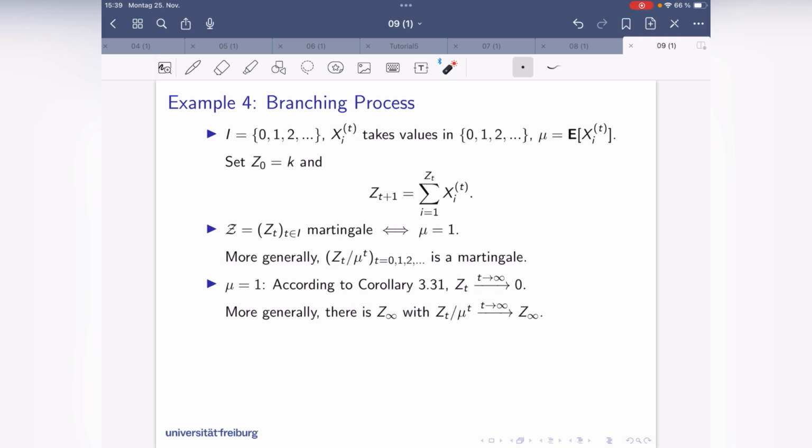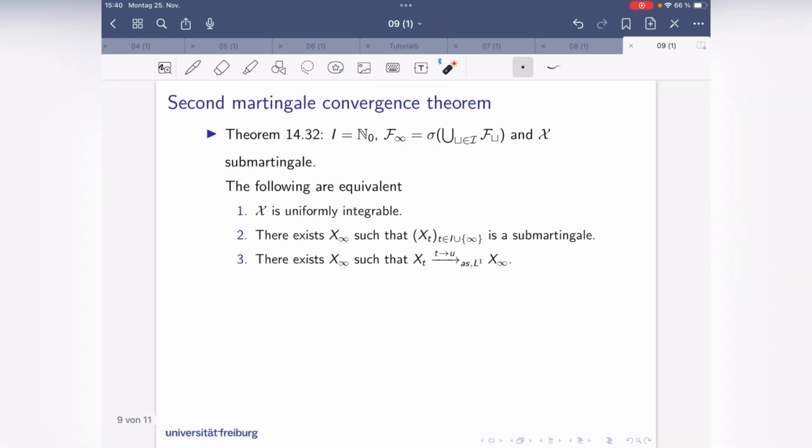So it converges to 0. Except this must be here 1430. So it converges to 0 because there's no other way it can converge. On the other hand, Z_t divided by mu to the power of t is also a non-negative martingale and converges almost surely. So there's a Z infinity such that Z_t divided by mu to the power of t also converges. So these are two simple applications of the last result.